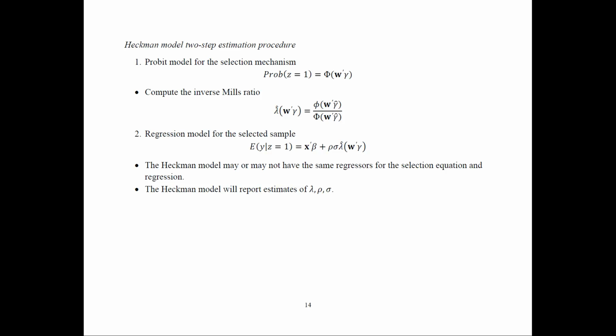The interesting thing about the Heckman model is that it may or may not have the same regressors for the selection equation and for the regression, and typically it is advised not to have the same regressors in both steps. When you estimate the Heckman model, we would see estimates of lambda, rho, and sigma. They would be reported, and we could interpret those.